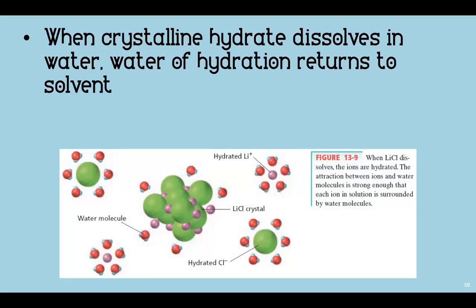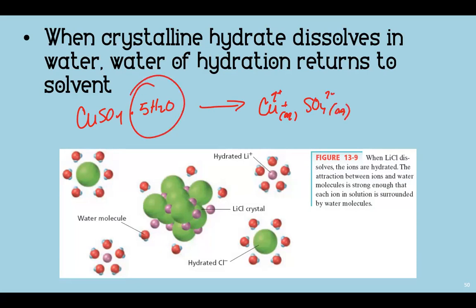When a crystalline hydrate dissolves in water, of course, the water from the hydrated crystal is going to return to the solvent. So if you have this and you dissolve it, you're going to have the copper ions, the sulfate ions, and these 5 waters will just go back to the solution, which is indicated by the aqueous notation there.